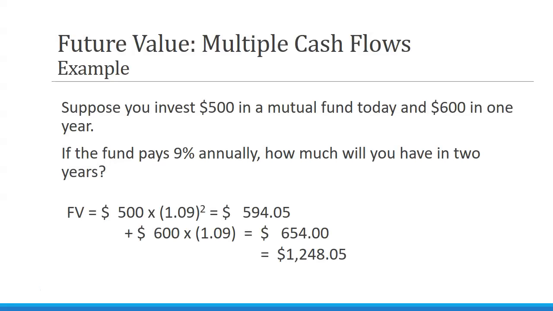What if we invested $500 in a mutual fund today and then added $600 in 1 year? If the mutual fund pays 9% annually, how much will we have in 2 years? We have that $500 collecting 2 years of interest and the $600 collecting 1 year of interest.